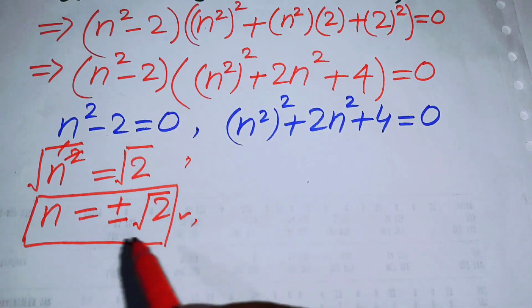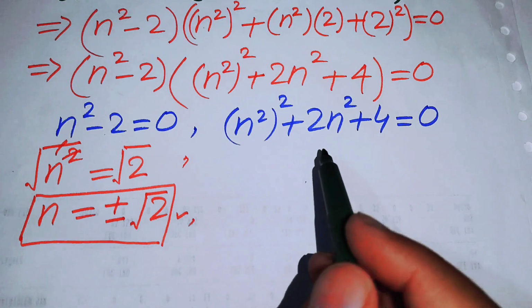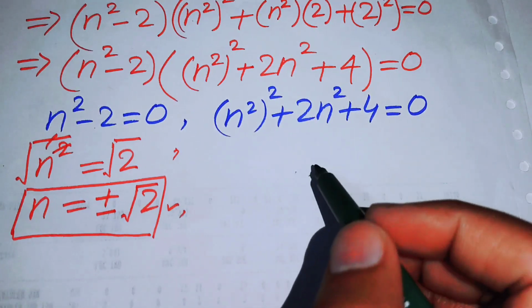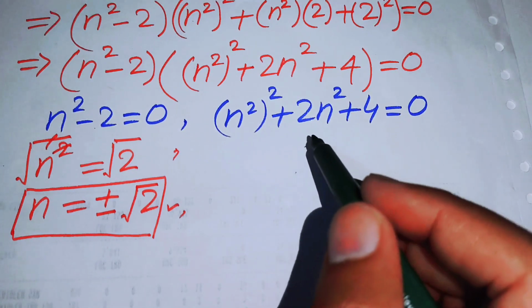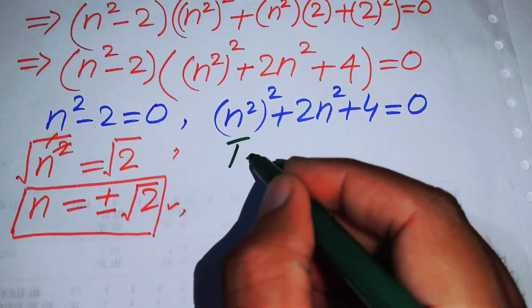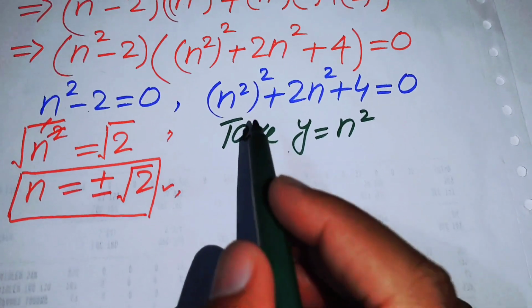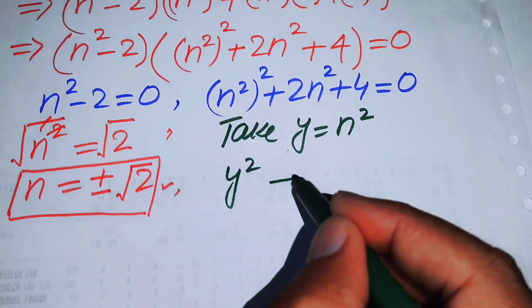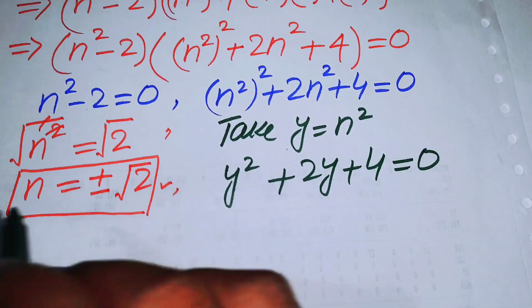So now in order to find the other four roots we can just solve the second case. So in order to solve this case I can first reduce this equation into quadratic form, so that here I can just take y is equal to n squared. So when you put y is equal to n squared, then you will obtain y squared plus 2y plus 4 is equal to 0.